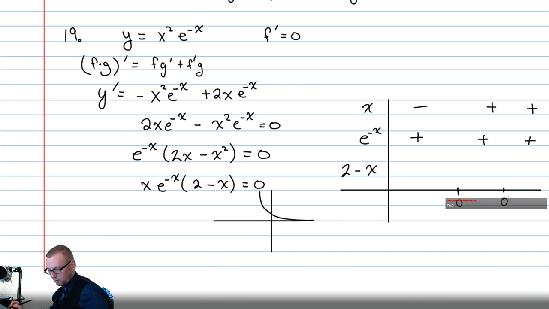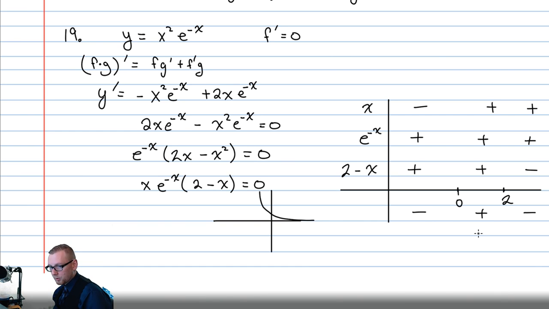And then 2 minus x, oh, I wrote a 0 instead of a 2. When x is greater than 2, this is negative. When x is less than 2, it's positive. So I would see a negative plus a negative when you multiply them all down.